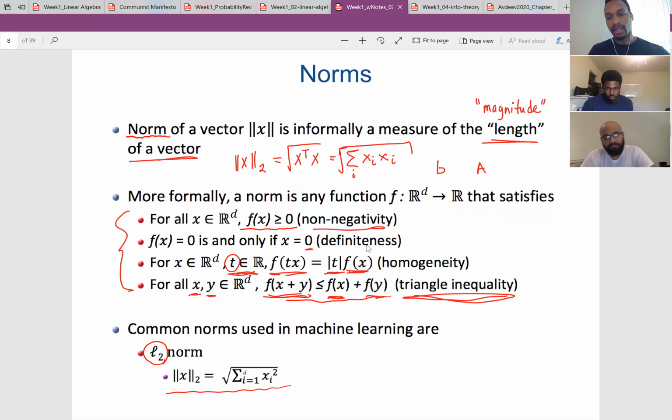If you had X and Y, it's the norm of X and norm of Y.